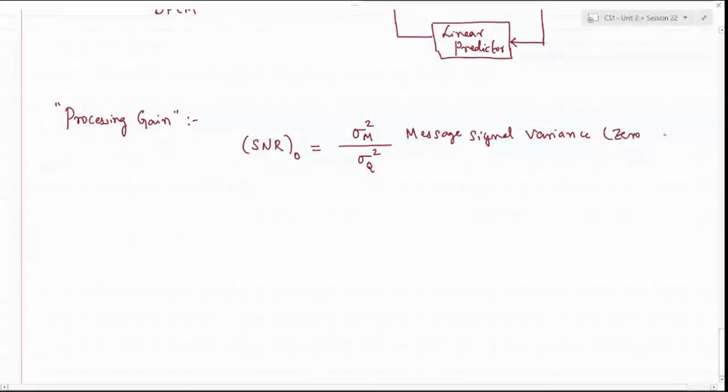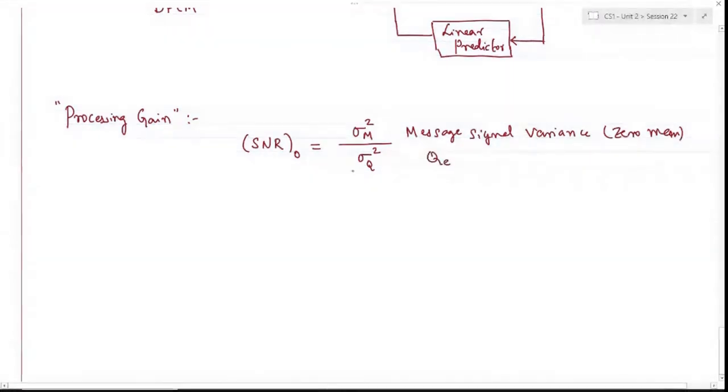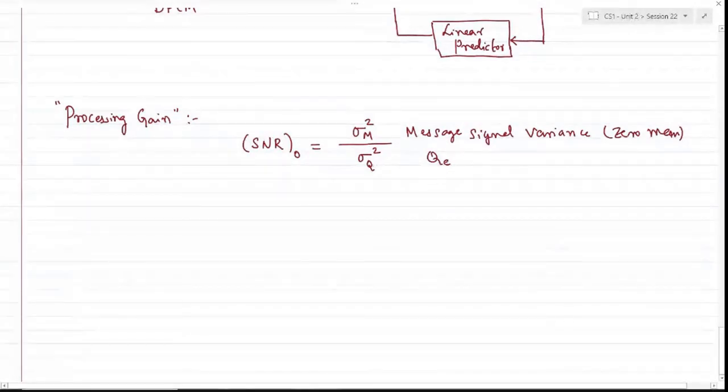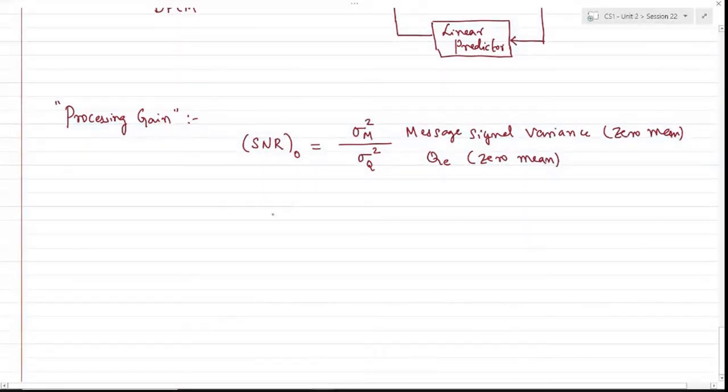If it's non-zero mean, we can still perform the analysis for the zero mean and finally add the mean to the final value that we obtain. Even the quantization error involved in the process, the denominator sigma q square, which represents the quantization error, we also assume to be zero mean, and hence the ratio of these two quantities is a meaningful one.